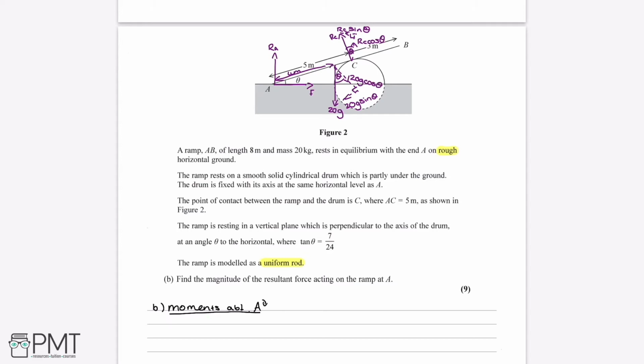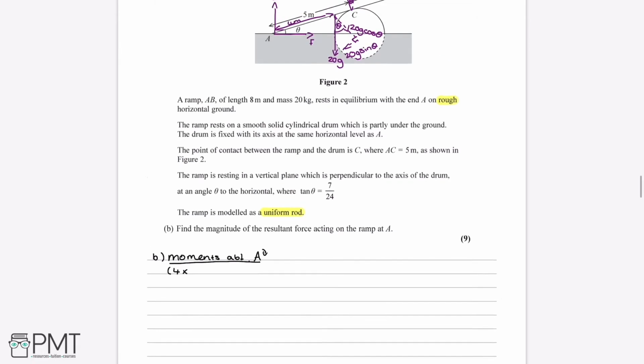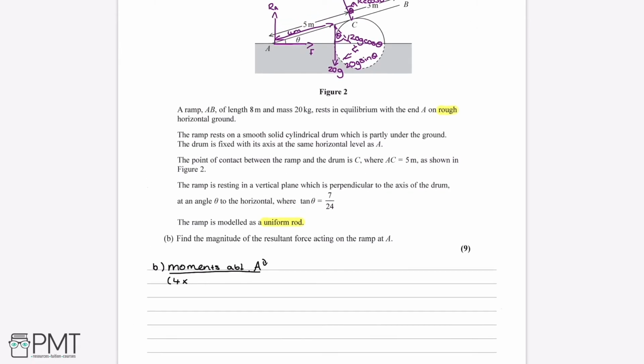So because the equation for moments is the distance, which here is 4 meters, multiplied by this perpendicular force, we can say that the distance is 4, and then the force is not just 20g, but it's the one that acts perpendicular, which is 20g cos theta.